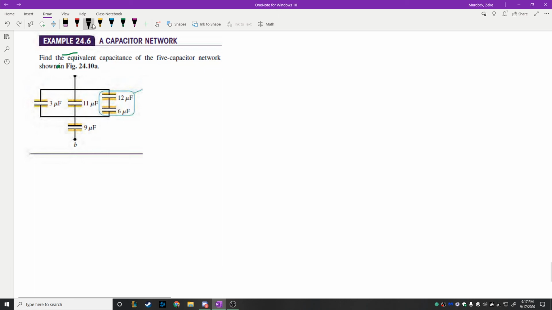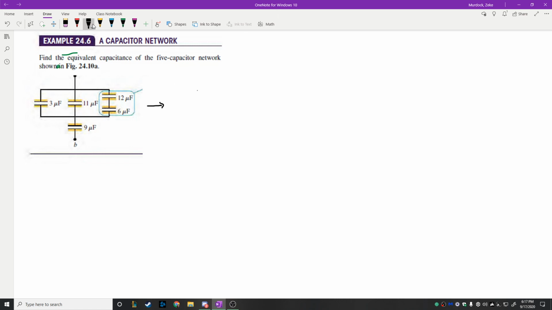So we notice these 2 capacitors right here. How do they appear to be connected to you guys? Series, that's right. So we could take these 2 capacitors that are in series, and we could write their equivalent capacitance. So let's redraw the circuit.